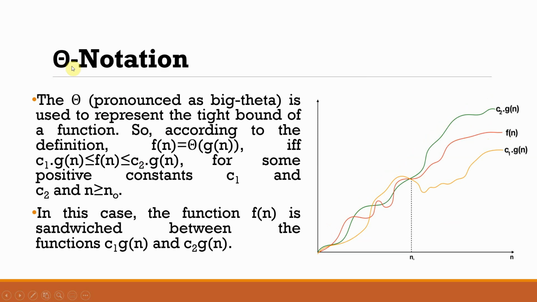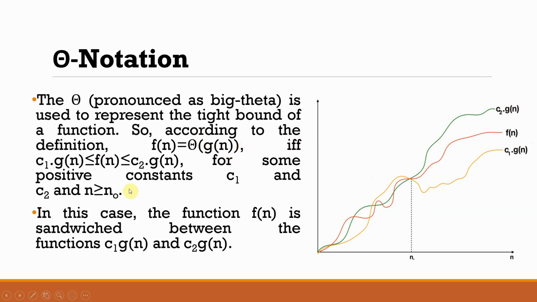And big theta notation basically provides both an upper and a lower bound for a cost function. So if g of n is a function that can provide both an upper bound and a lower bound for f of n, then f of n is going to be theta of g of n.